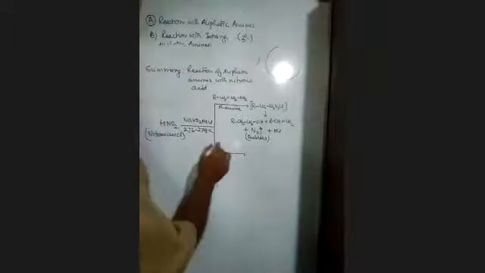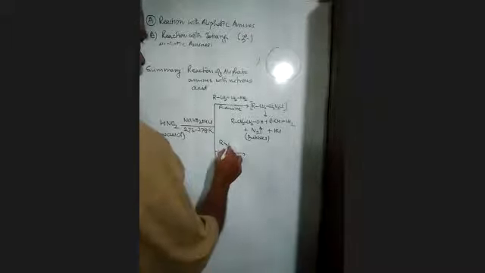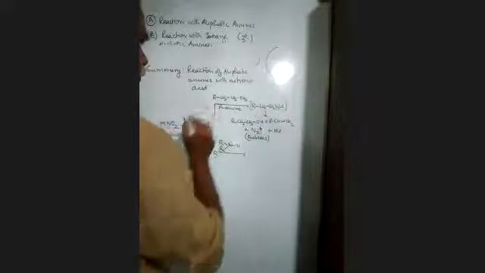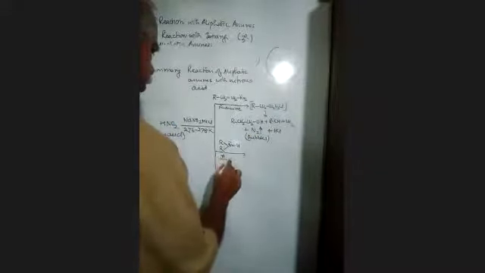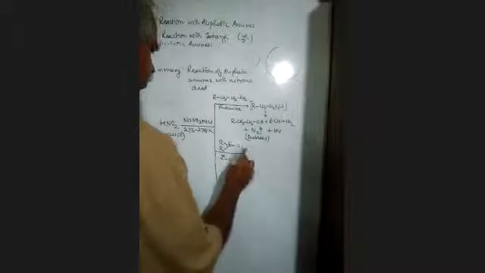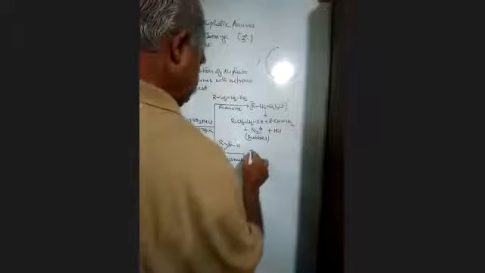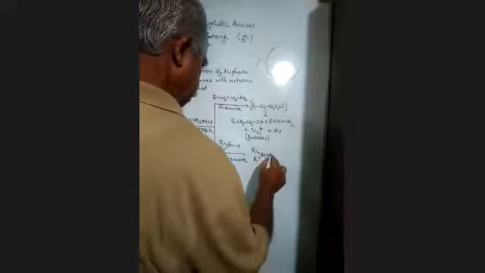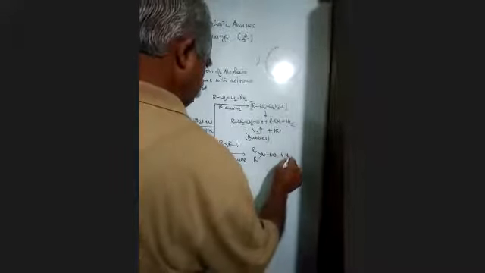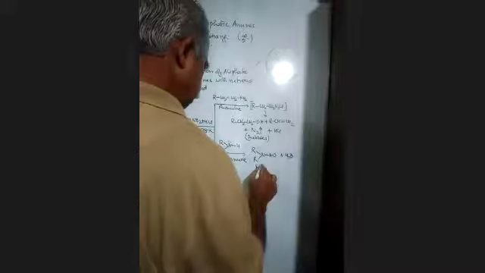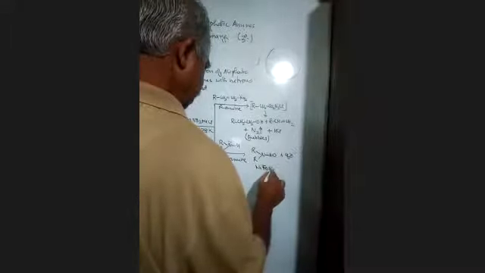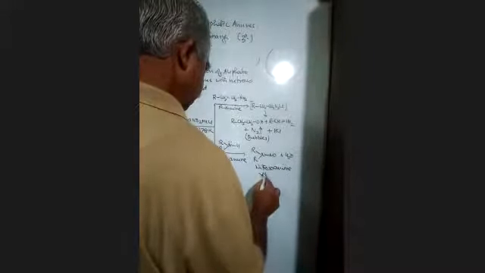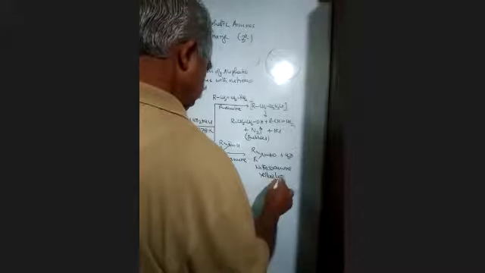Here I'm going to write like this. This is a secondary amine. So what will we get now here? We call it nitrosamine. What will we write now here? Yellow liquid.